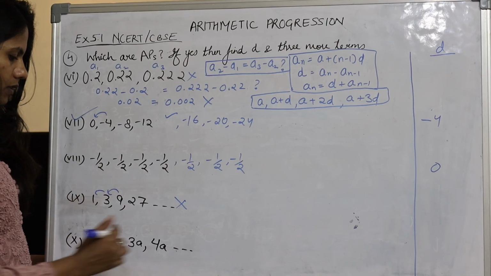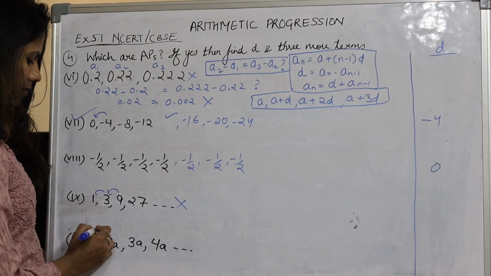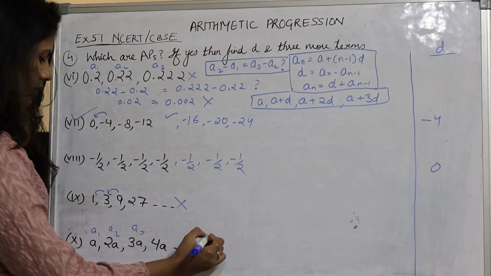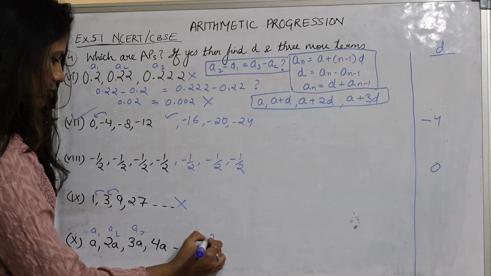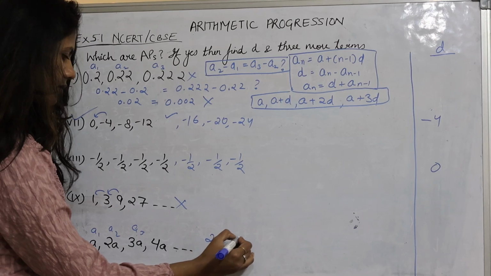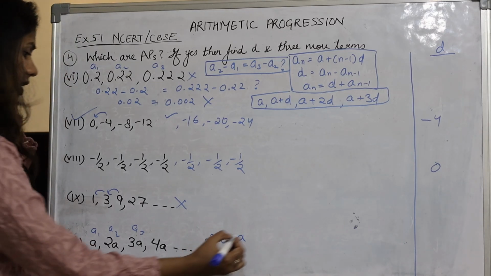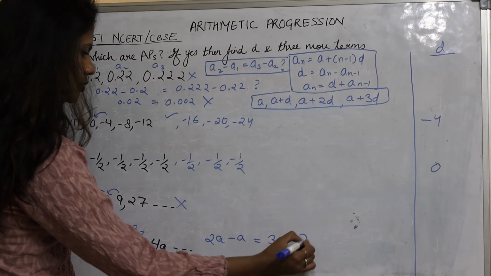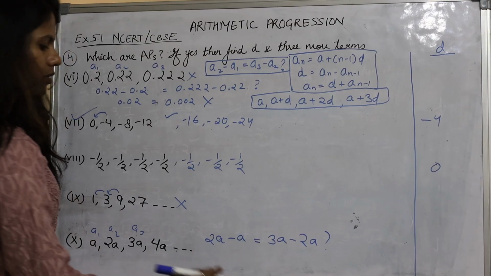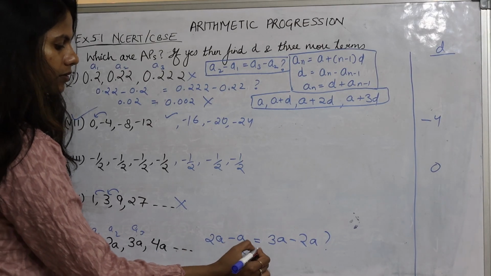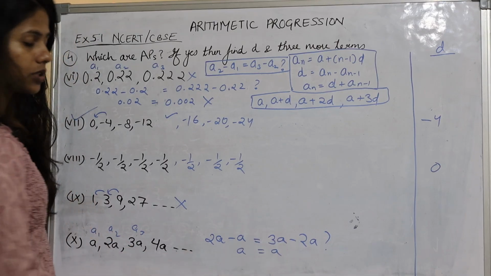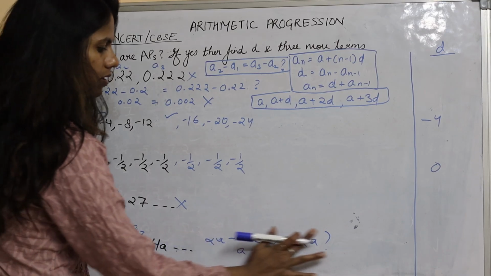Now for the next one, again this is A1, this is A2, this is A3. Now 2A minus A is equal to 3A minus 2A. 2A minus A will be A. Is it equal to 3A minus 2A? Yeah, it is A. So this is equal.